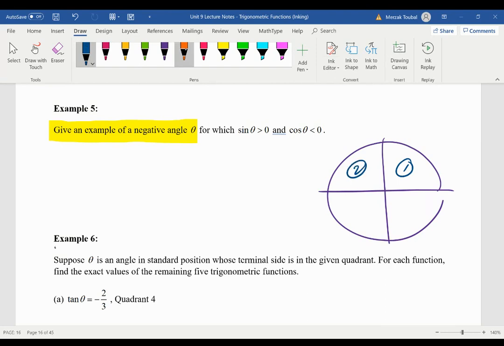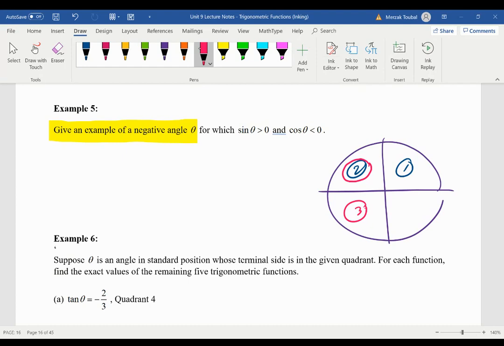Cosine is negative on quadrant 2 and quadrant 3. So it must be quadrant 2.